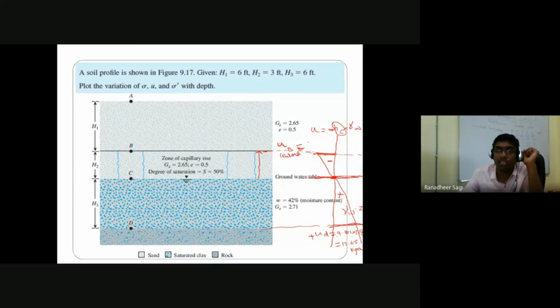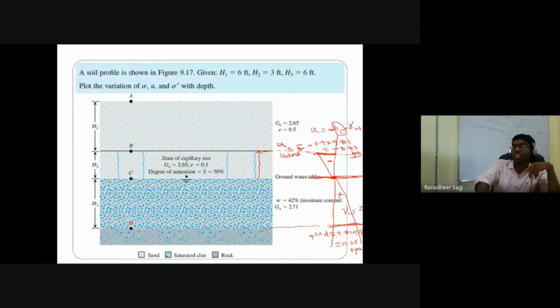So what is my capillary rise value? It's 0.9 meters, the height till which you have the effect of capillarity. So that's 0.9 into 9.81, the unit weight of water, which is equal to minus 8.83 kilopascal.